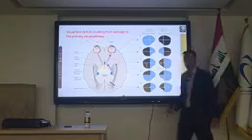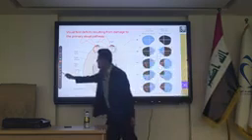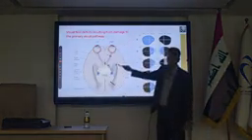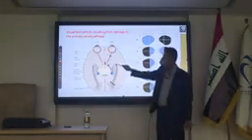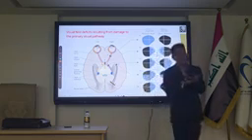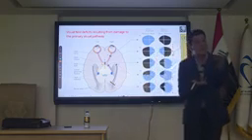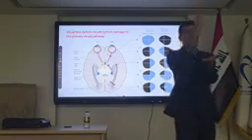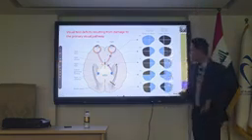Got this? Now, let's see what happens if we have damage in the loop of Meyer. I told you that it's located in the inferior part, right? It receives fibers from the inferior part of the retina, but it sees the superior part.